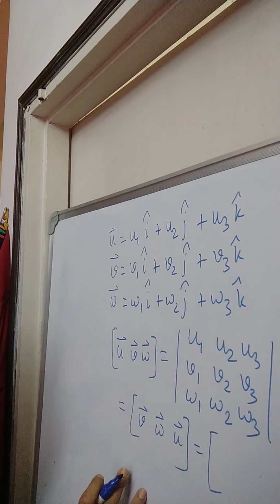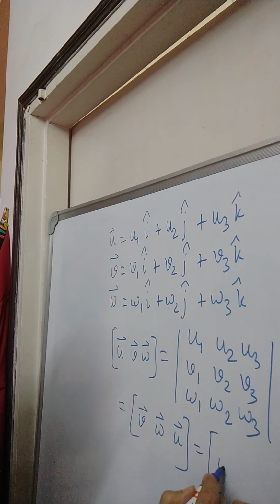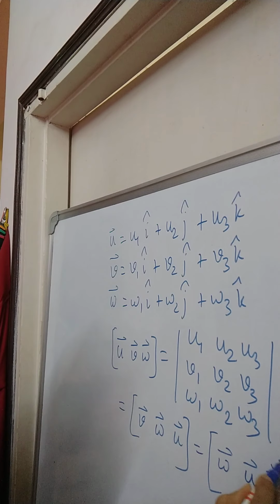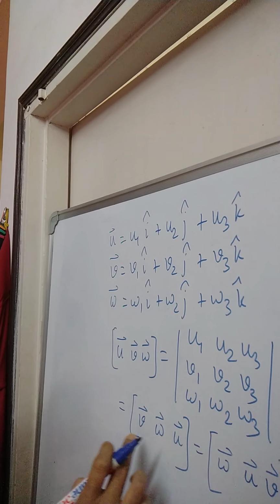Now, I shift. So, this becomes V W U, this is U V W, and also another position is W, U and V. So, this is the same: U V W, U V W.